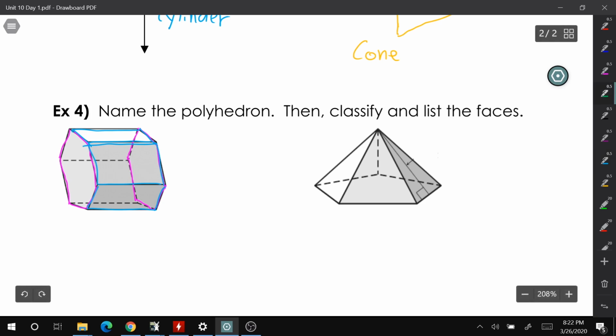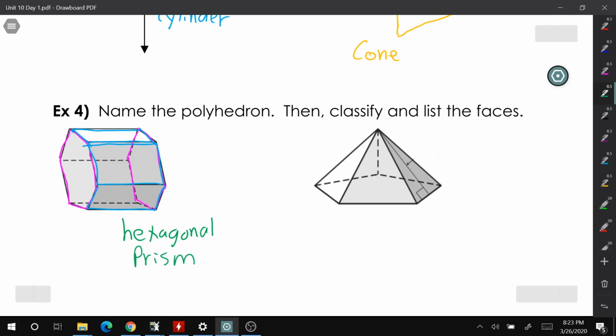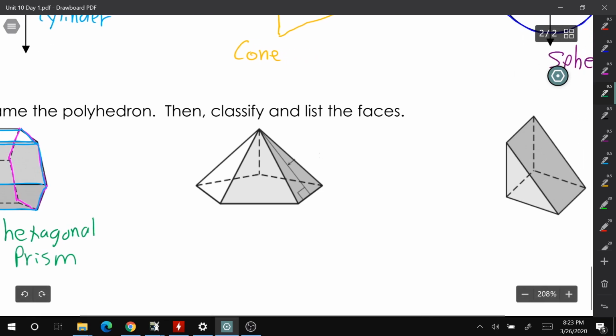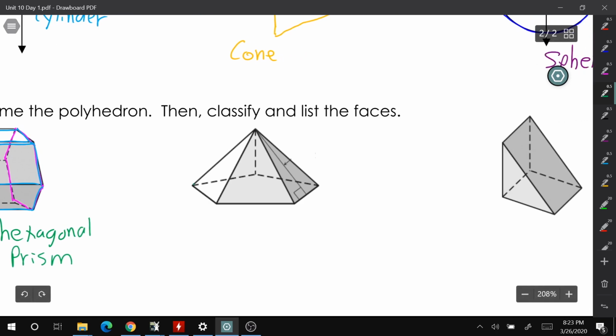So the two bases are the hexagon, so this is a hexagonal prism, and we have 6 rectangular faces. Right, now this one we have a pentagon on the bottom, and the faces here are all triangles.